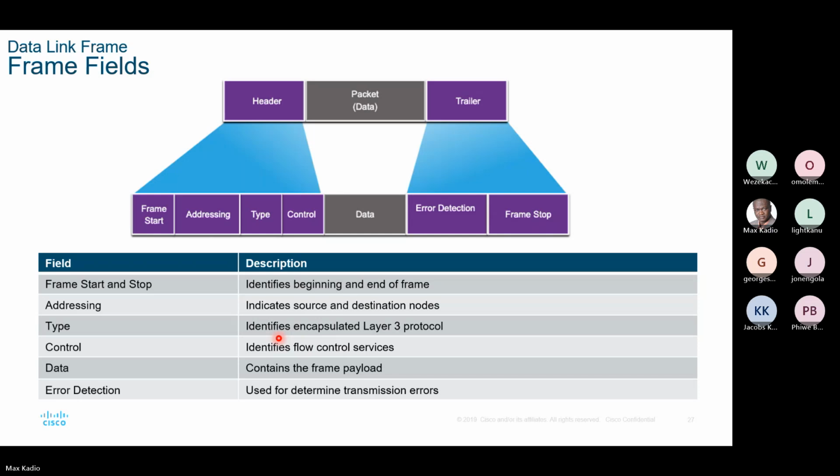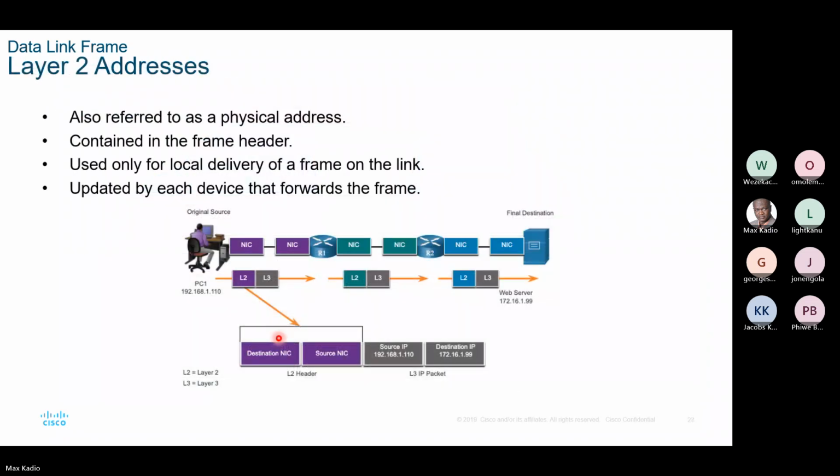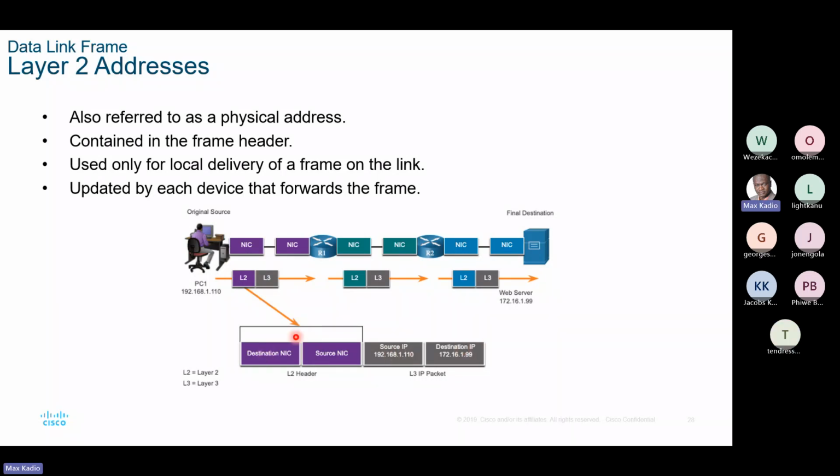Layer 2 addresses: if you grab your data, you'll see two parts, the layer 3 or IP addresses, and the layer 2, the MAC addresses. We'll do some labs on that again. So which one is important? Please check this.